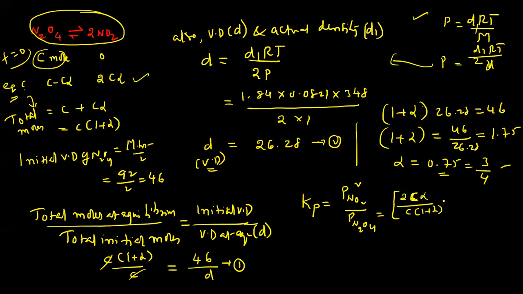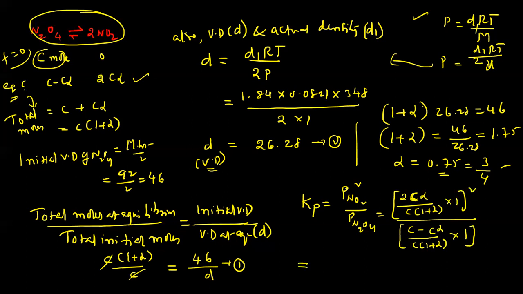Anyway it is 1, there is no problem. Whole power 2. This is divided by the N2O4 partial pressure, which is nothing but C minus C alpha by C into 1 plus alpha, into 1.